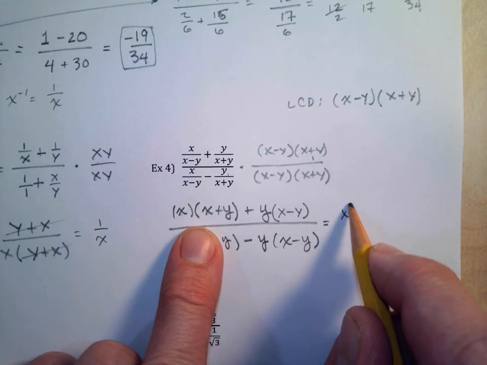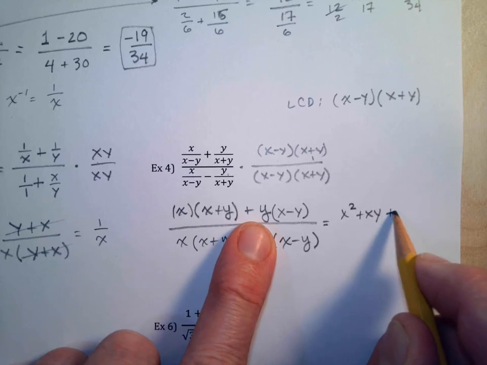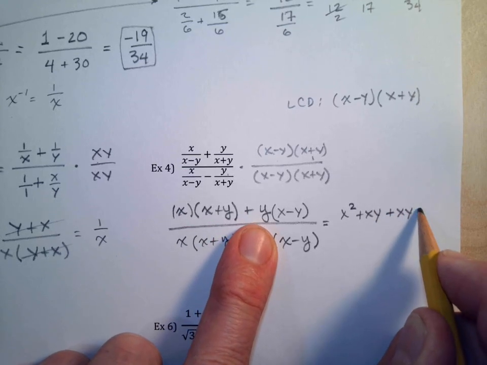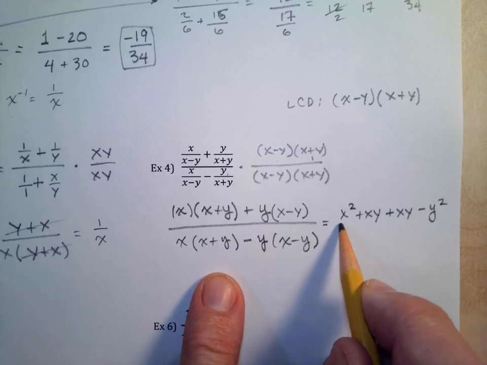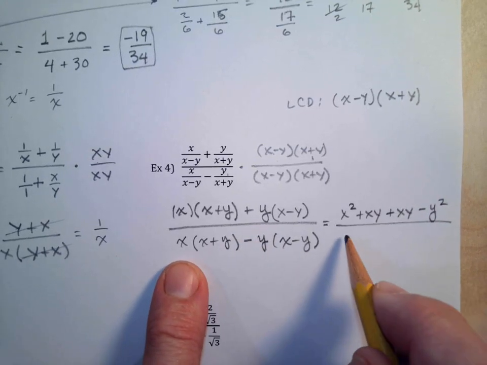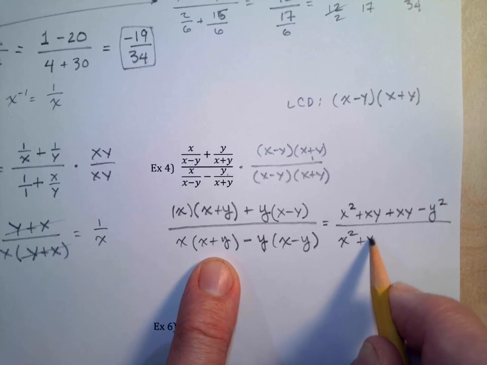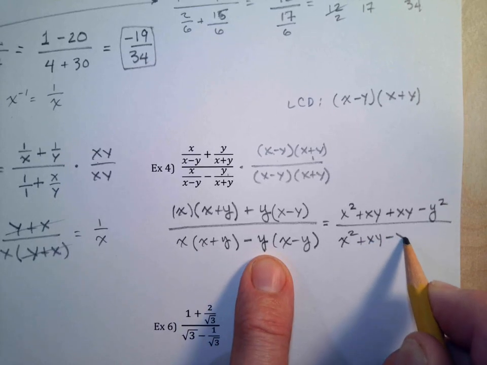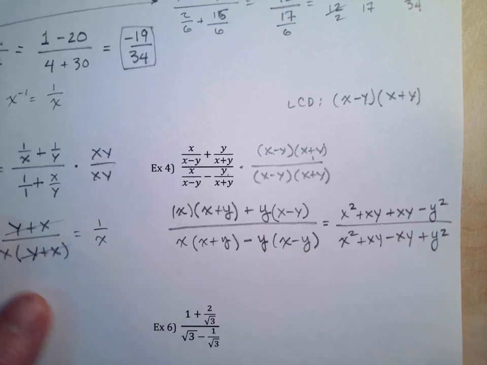I get x squared plus xy plus another xy minus y squared. On the bottom, I'll get x squared plus xy minus an xy and plus y squared.